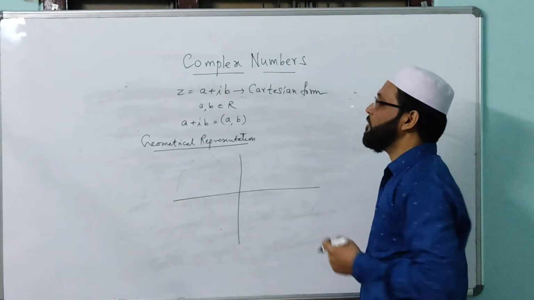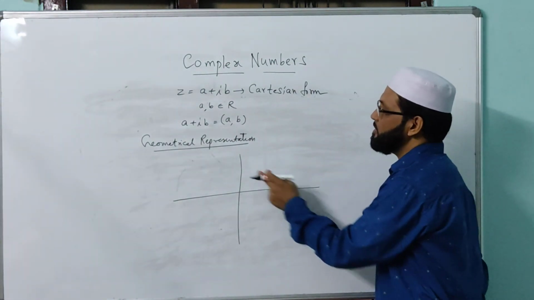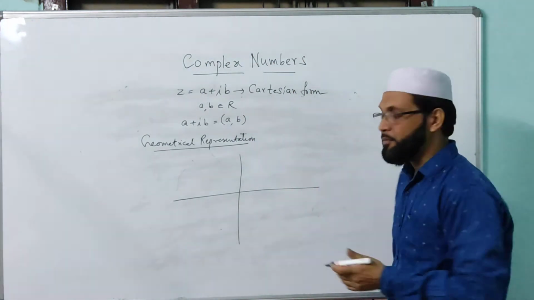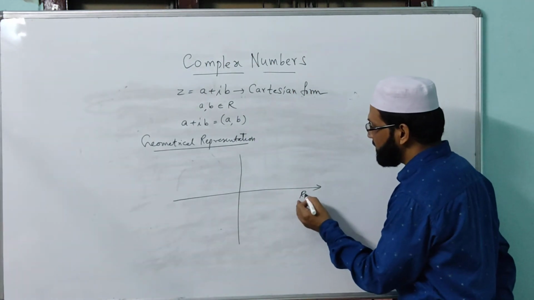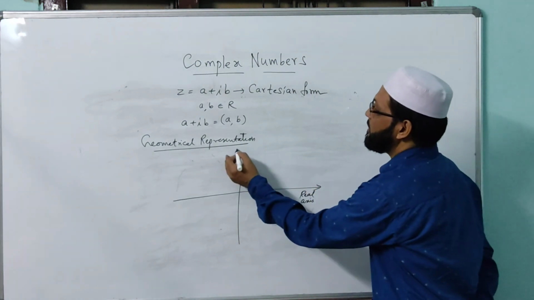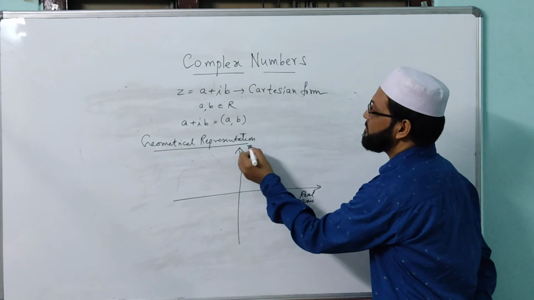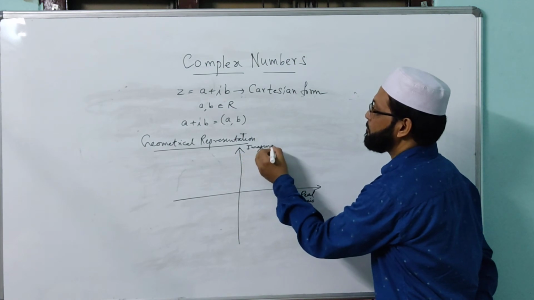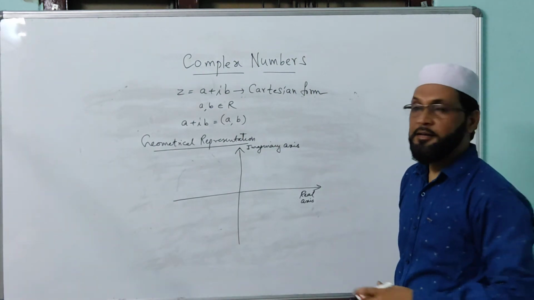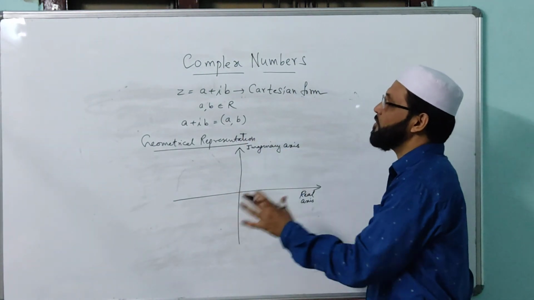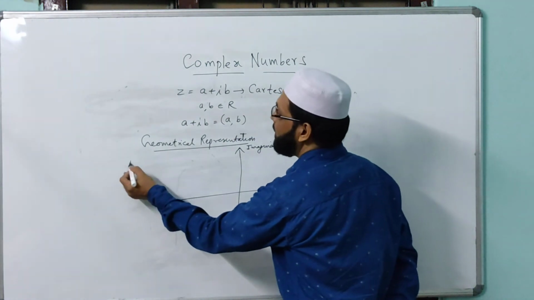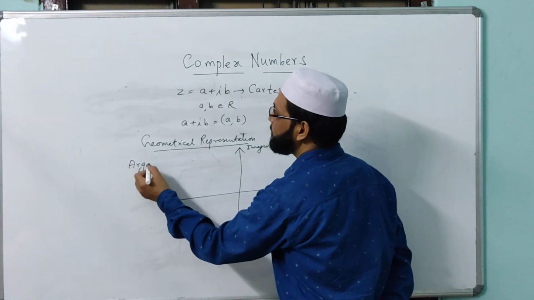Generally in Cartesian form we call this the x-axis and this the y-axis, but when we are dealing with complex numbers we call this the real axis and this the imaginary axis. And this plane where the complex numbers are represented is called the Argand plane.